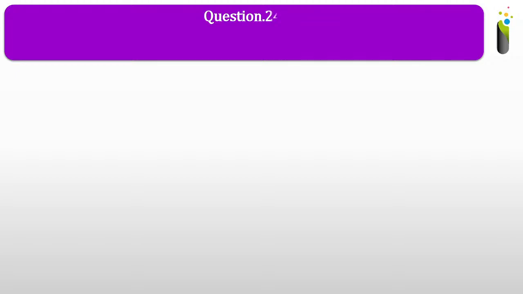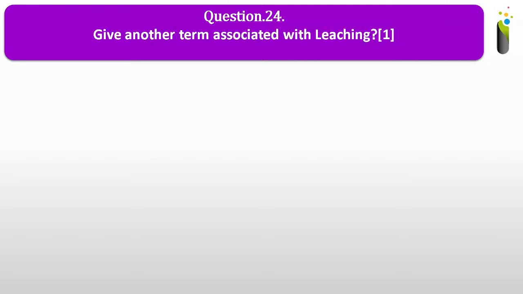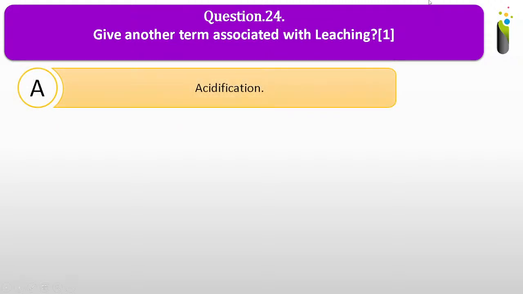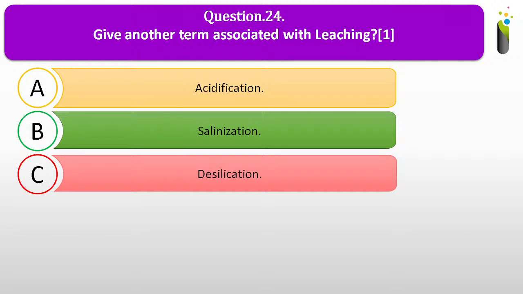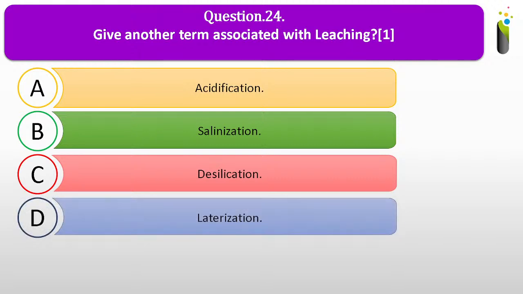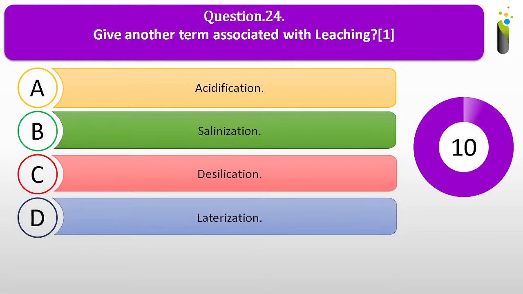Going ahead to the next question, number 24. Give another term associated with leaching. A. Acidification. B. Salinization. C. Desilication. D. Laterization.